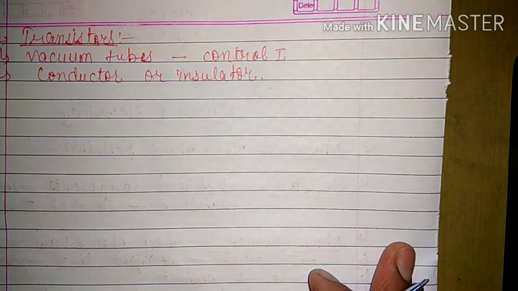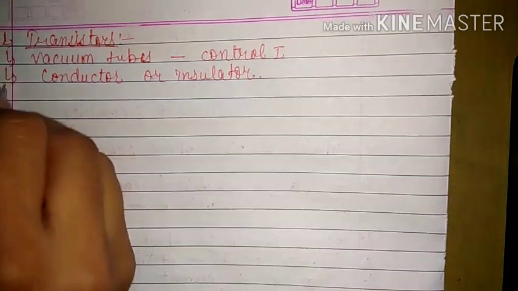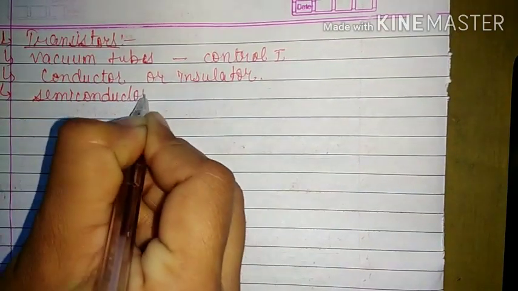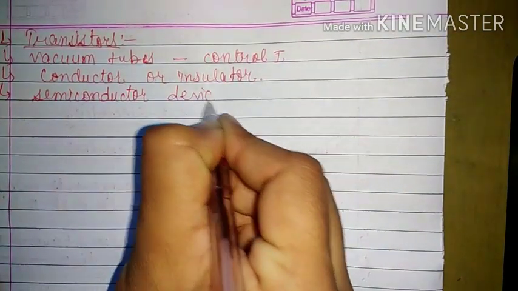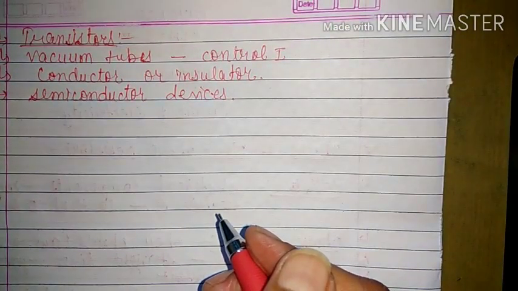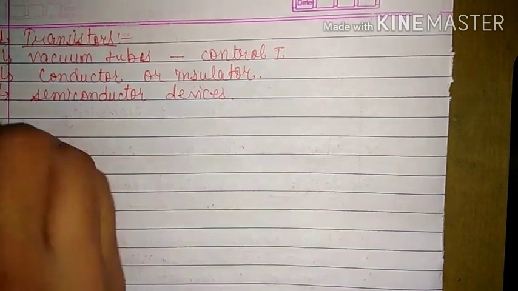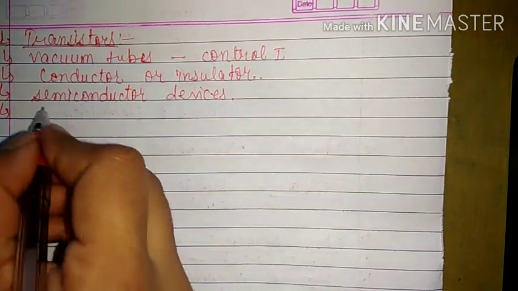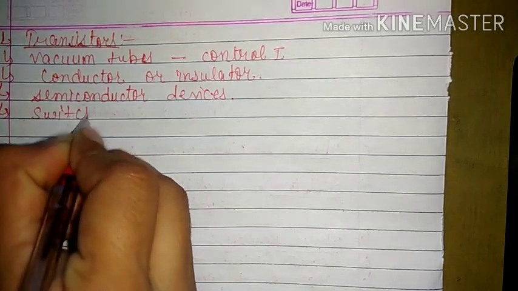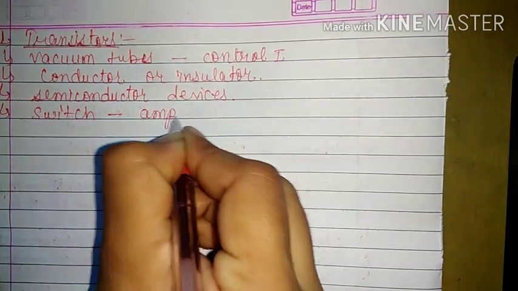So these are made up of semiconductors. That means they are semi-conducting devices which are used to control the current flowing through electric devices, or in simple words we can say that since it controls the amount of current, it also acts as a switch, and is specially used in amplifiers.